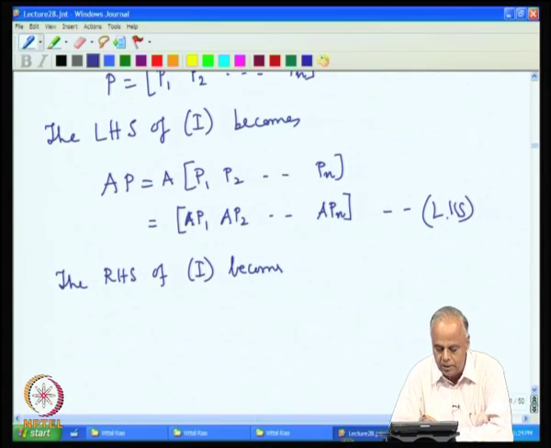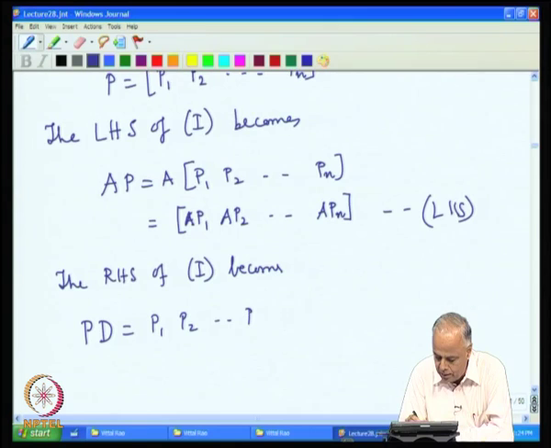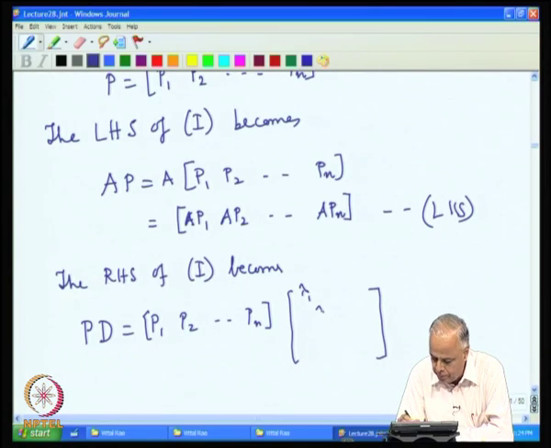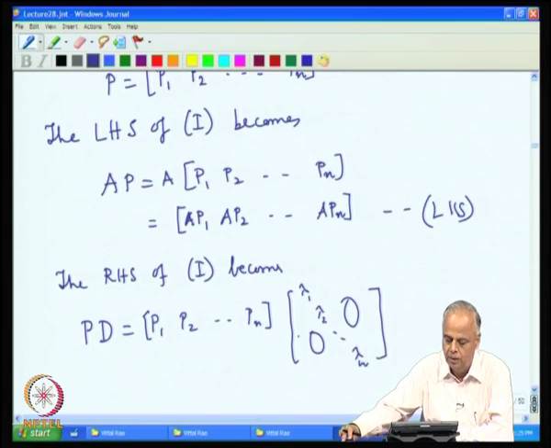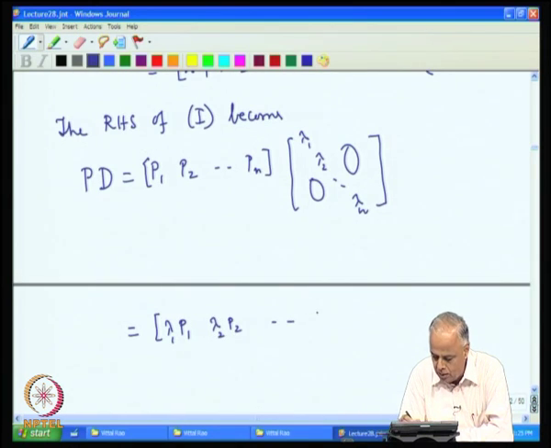Now, let us look at the RHS. The RHS is P D. Now, P is again written in column notation and D, let the diagonal matrix be lambda 1, lambda 2, lambda n with zeros elsewhere. When I multiply this in block notation, this becomes lambda 1 P 1, lambda 2 P 2 and so on up to lambda n P n.